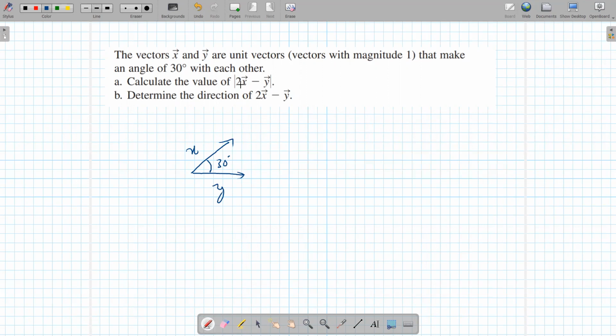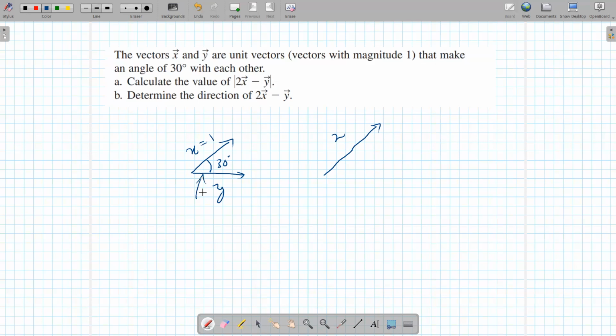So let's decipher how to draw 2x minus y. So this is x, right? X is a unit vector. That means it has a length of 1. Let's draw 2x. So this is x so far. What's the length of 2x? Remember, x is a unit vector. It has a length of 1. It's 2, right? And then we've got to do a little flip on the y because it's minus y.